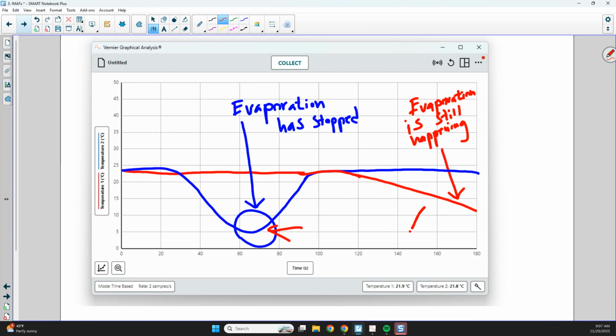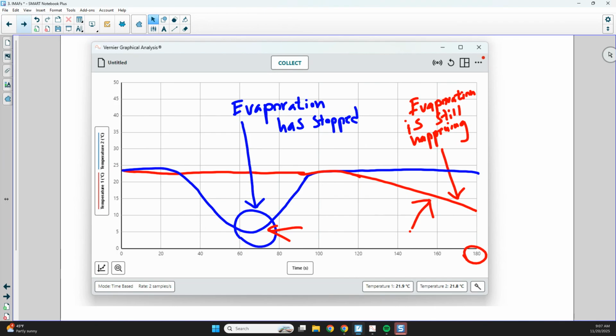But if I look at my red line, you see that it's still dropping. And if my program stops, then I need to note my starting temperature, because all this data is going to disappear, and I'm just going to hit collect again, and I'm going to continue to monitor it until it finally bottoms out. Some of these liquids are going to take longer than 180 seconds.